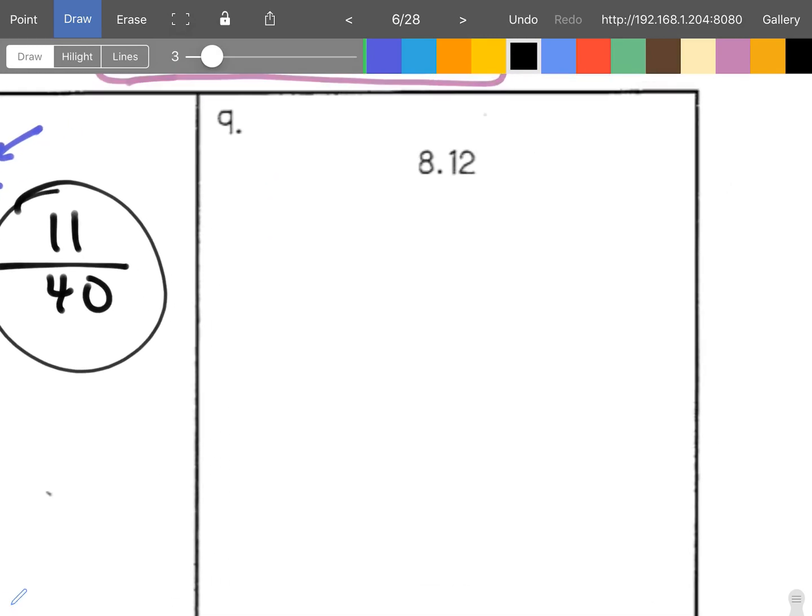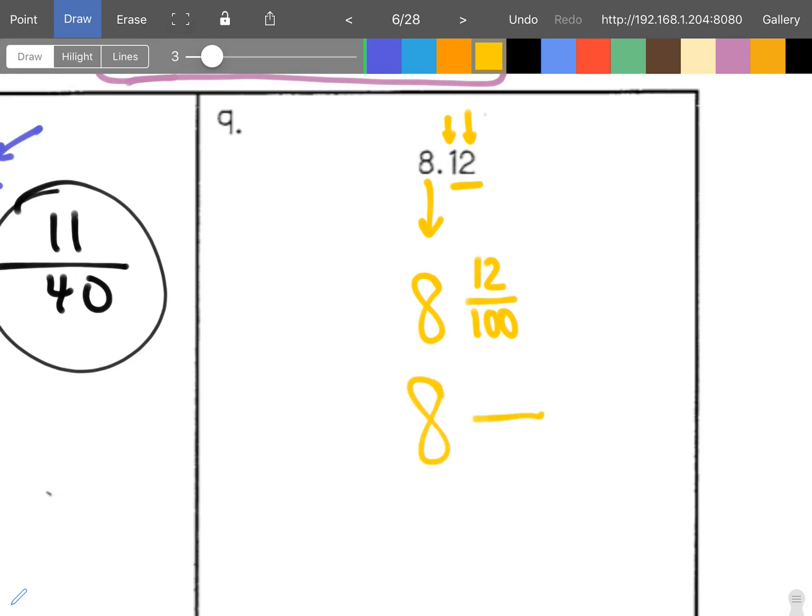Okay, number 9. Now, we've got a whole number here, so it's super important that you just bring the whole number down. And then this is the part that's going to be the fraction. 12 over, this is the tenths, this is the hundredths, so it's going to be 12 over 100. Now, we're still going to keep that 8, but we need to try to simplify that 12 over 100. So think about what you could divide into 12 and into 100.